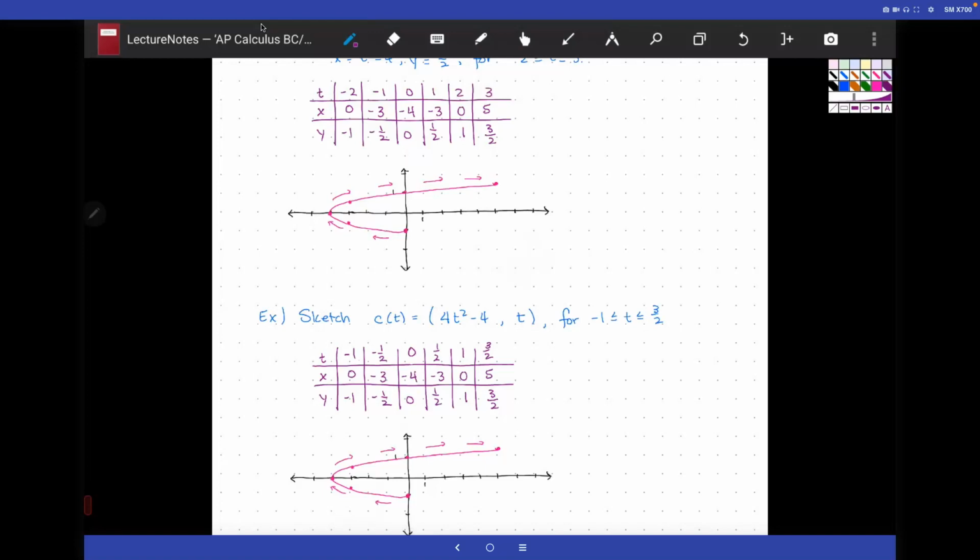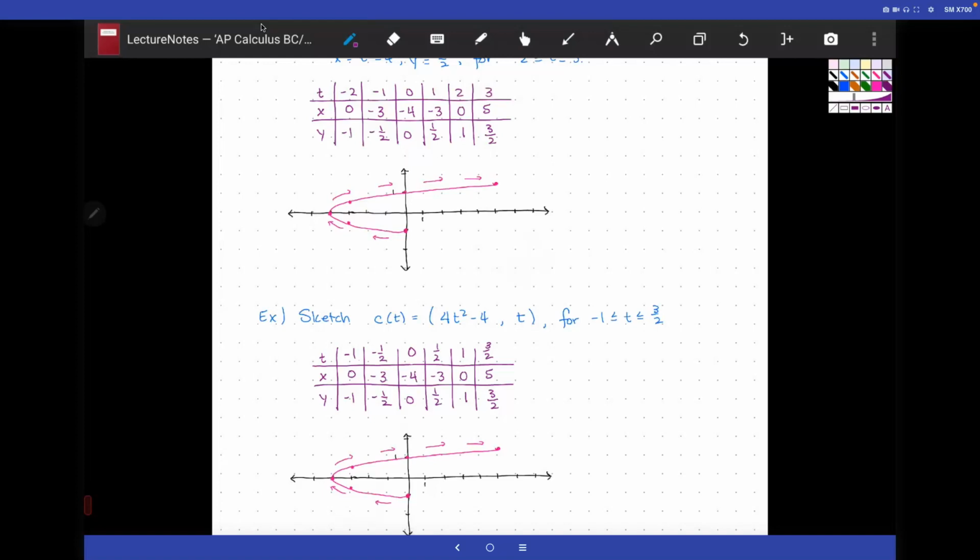Any questions on this? Yeah. Why is it the exact same path, even if the functions are different? You can look algebraically and see the numbers, but also, you're going to see that you can have the same curve described by different parametric equations, which is what's happening here.